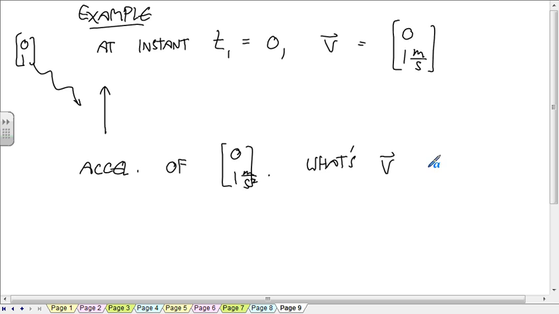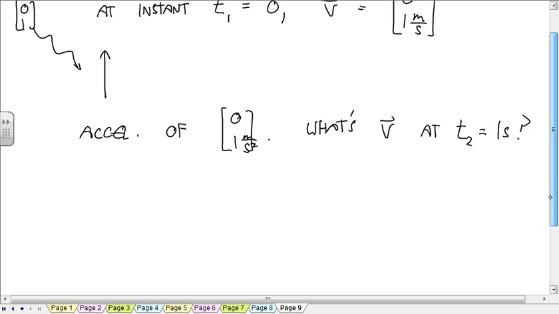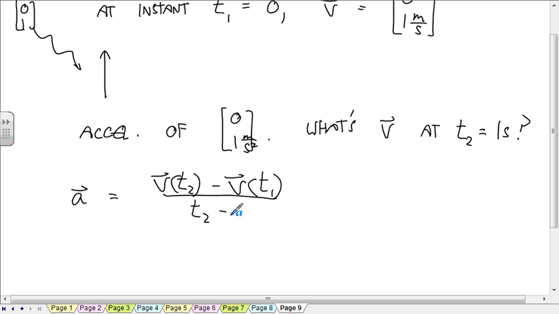What's the velocity vector at t2 equal to 1 second? Okay, so you can actually use this definition of acceleration to figure out what that vector would look like.